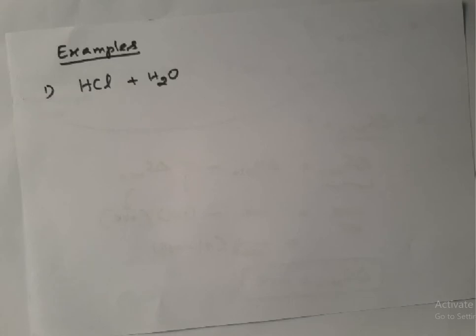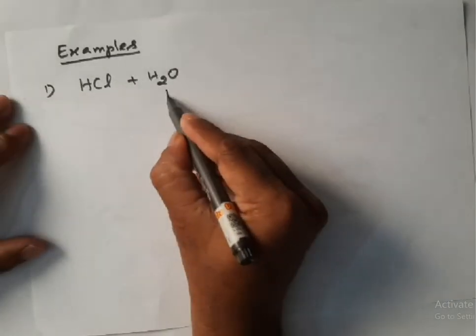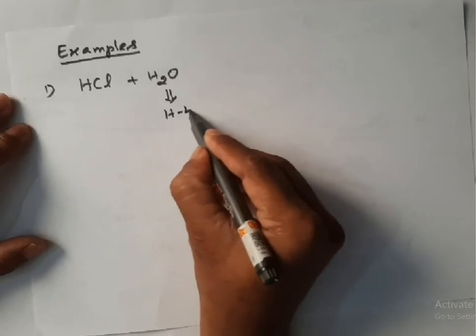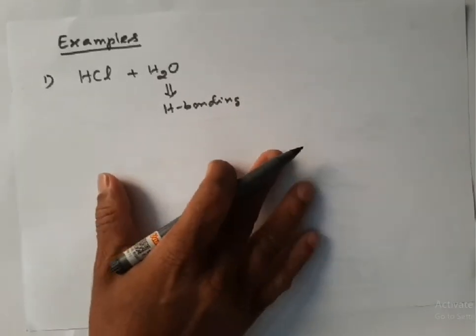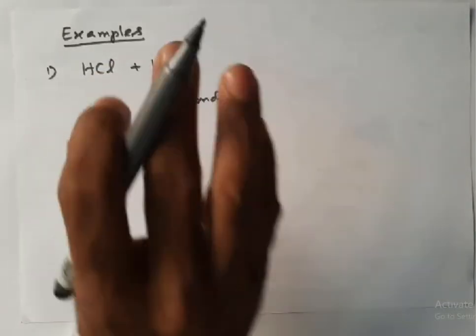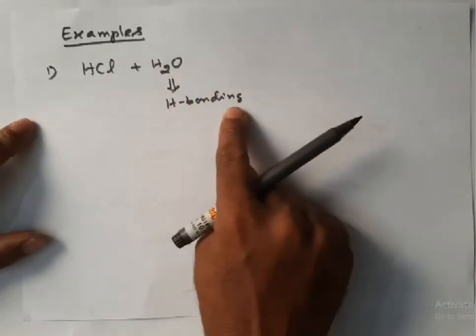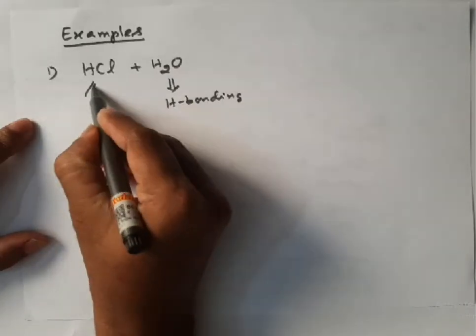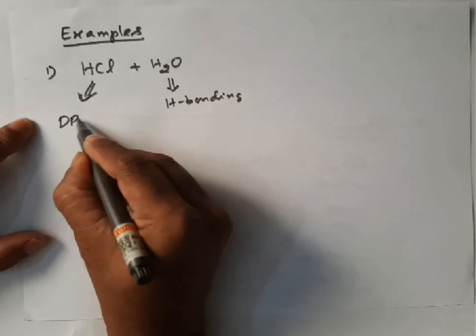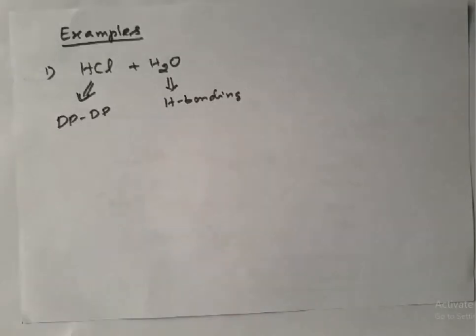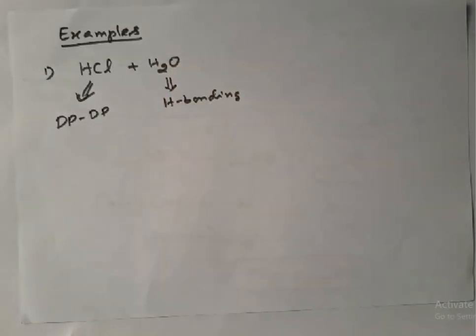Students, observe carefully. In water, we have hydrogen bonding attraction. If any two liquid pair is given, first you identify what type of attraction exists. In pure HCl, we have dipole-dipole attraction. Water has hydrogen bonding attraction.